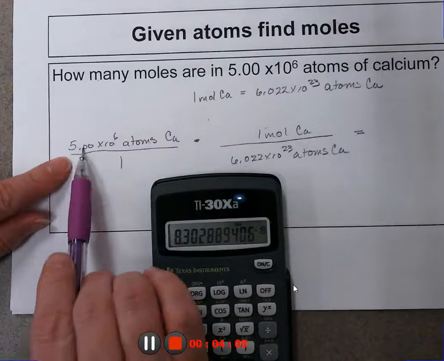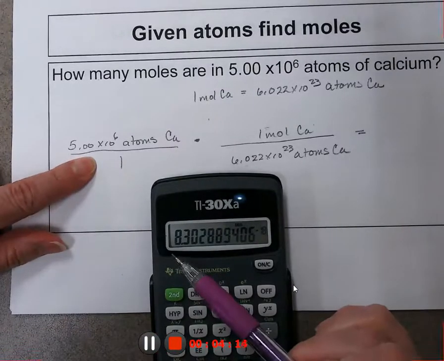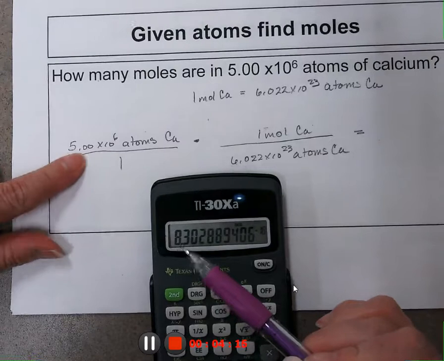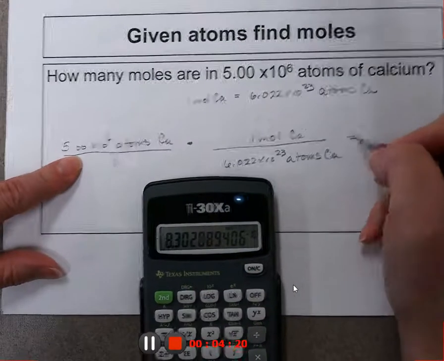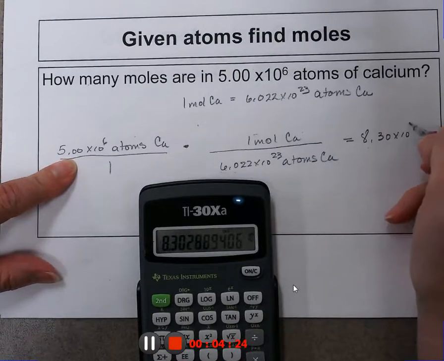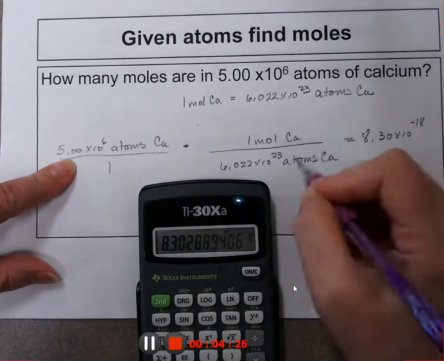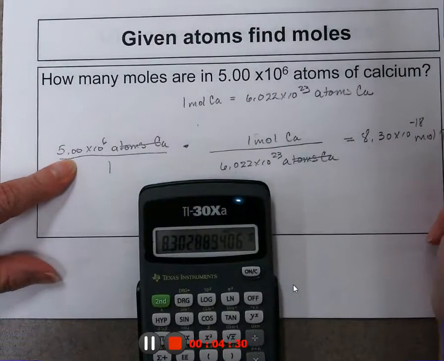So we have three significant digits in our final answer. 1, 2, 3, look to the right, round down, and this is 8.3 times 10 to the negative 18, and then atoms cancel, so we're left with moles of calcium.